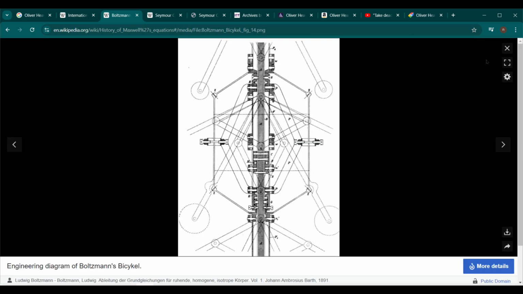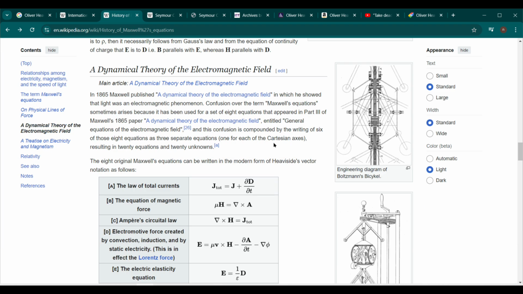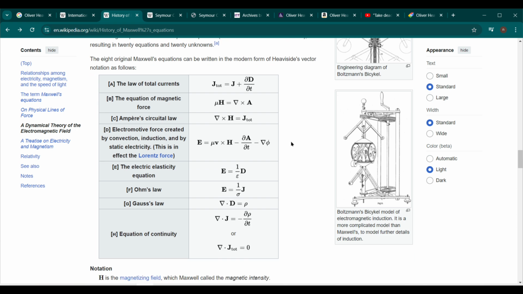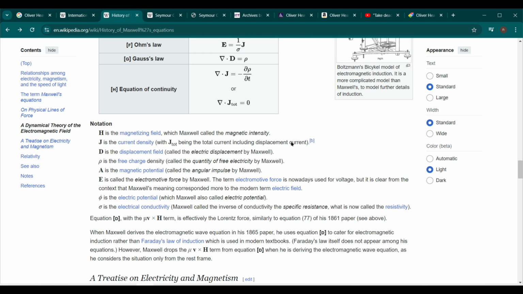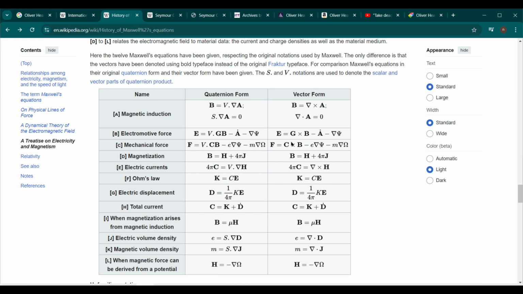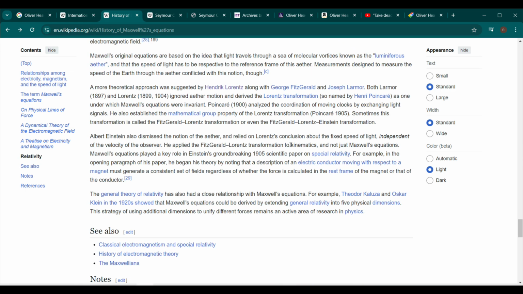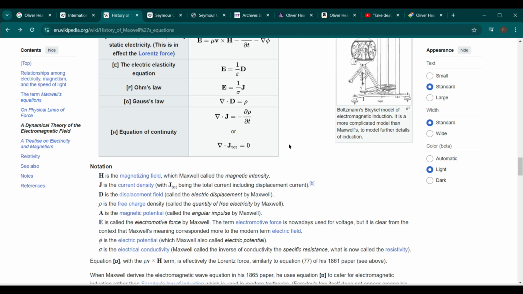Wow. So these are the 8 original equations. Can be written in the modern form of Heaviside's vector notation as follows. Well, I guess that might be the original.